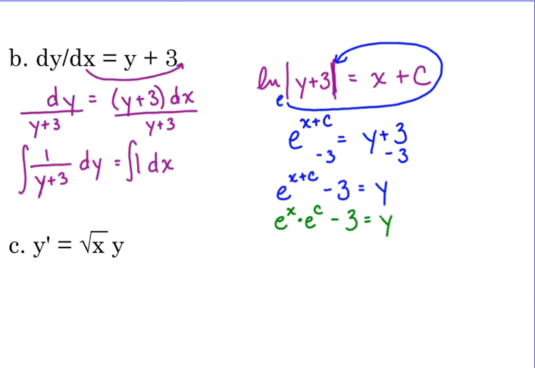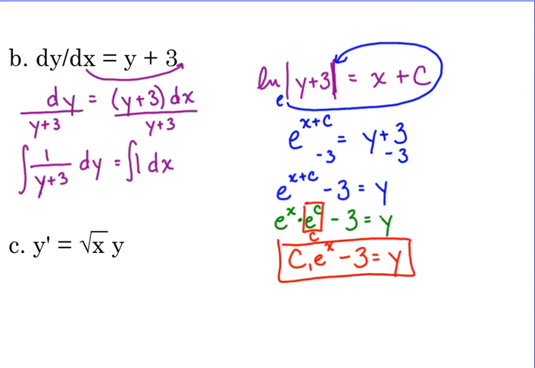So our final answer here is we're just going to consider this to be another c, so we'll call it c sub 1, times e to the x minus 3 is equal to y. E to the c is another constant, so we just put that in front of the e to the x expression.